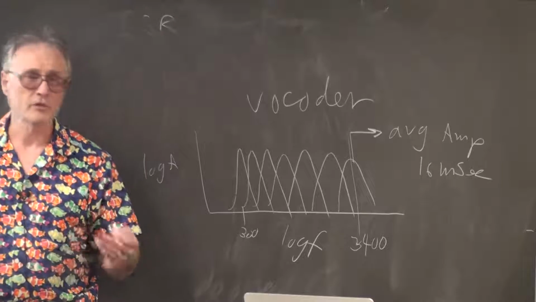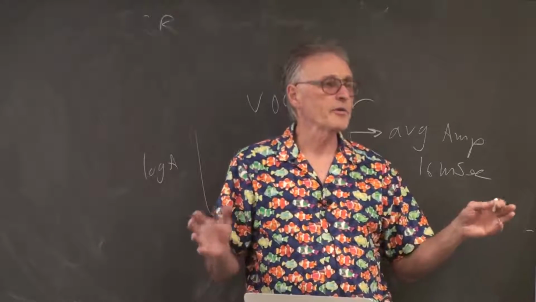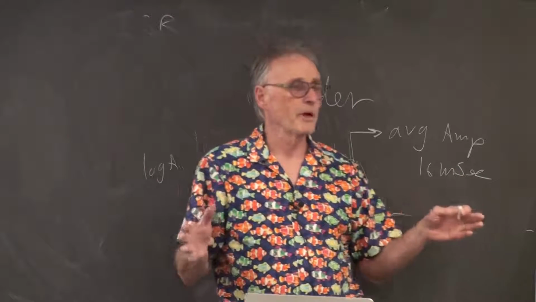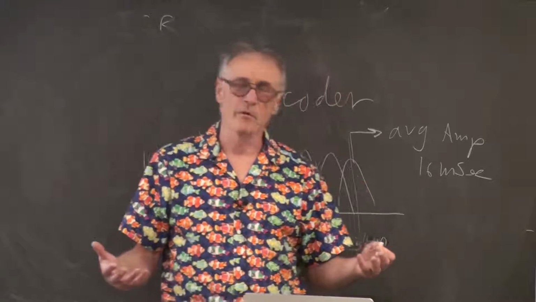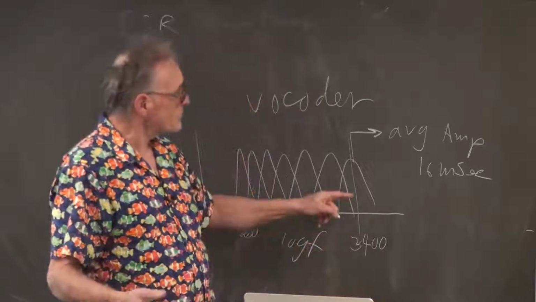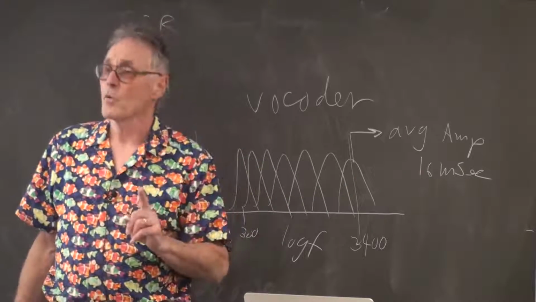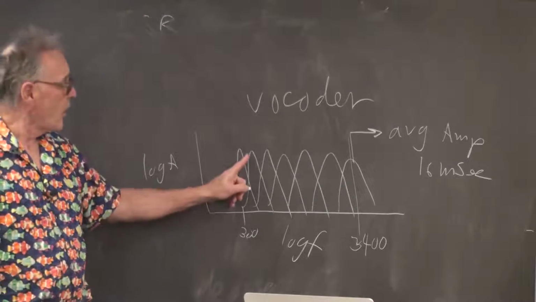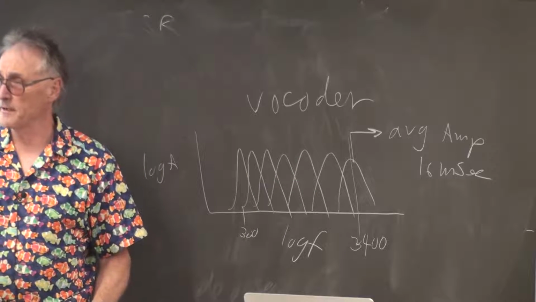It's actually a little bit short, but that's okay. But it's comparable to the fundamental time period of your voice. So it's a reasonable time over which to average. And then every 16 milliseconds, we'll send all of the amplitudes out as the voice data.